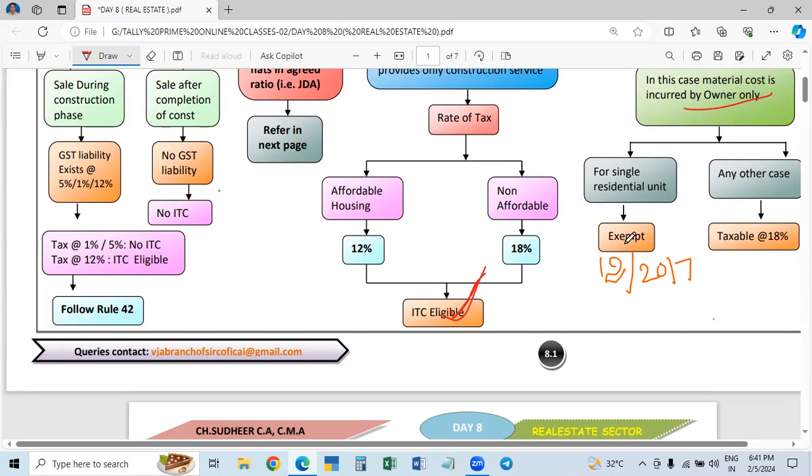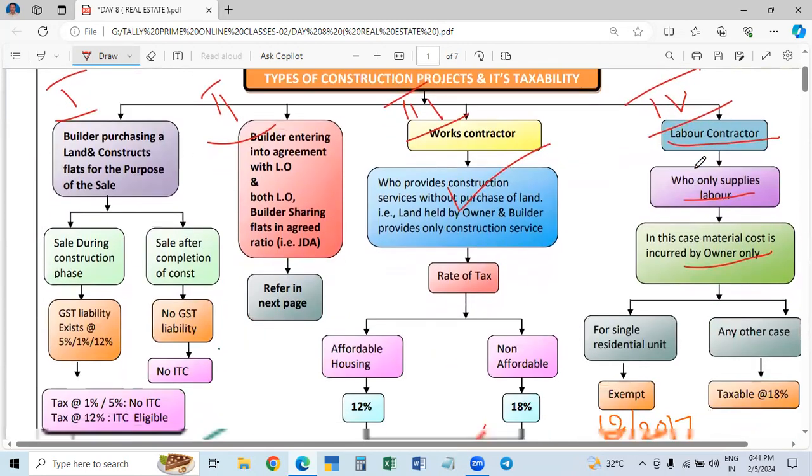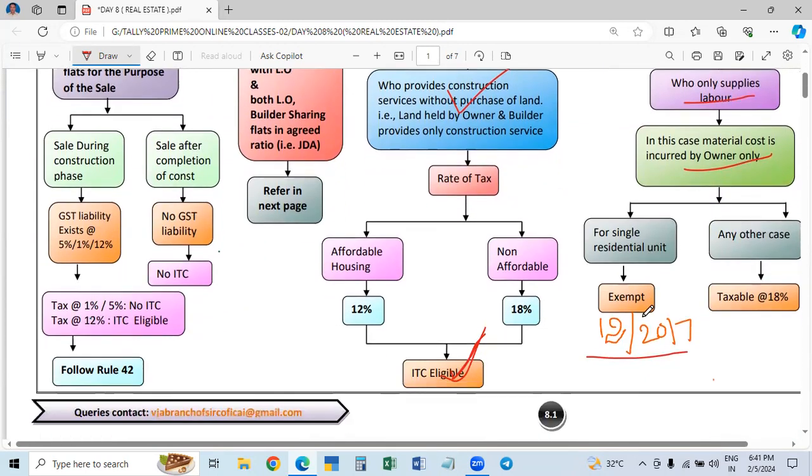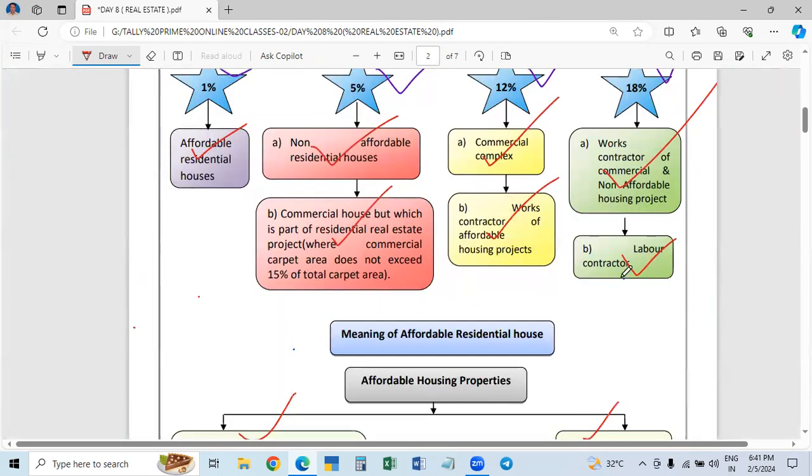In the case of land value minus land value, it will be 12%, for both commercial as well as residential, it was 12% in 2017. Then the next notification, number 12/2017: in this notification, the labor contract for a single residential unit is exempt. So for this, no tax. In all other cases, meaning not a single residential unit but more residential units, it will be 18%. You see here, 18%.